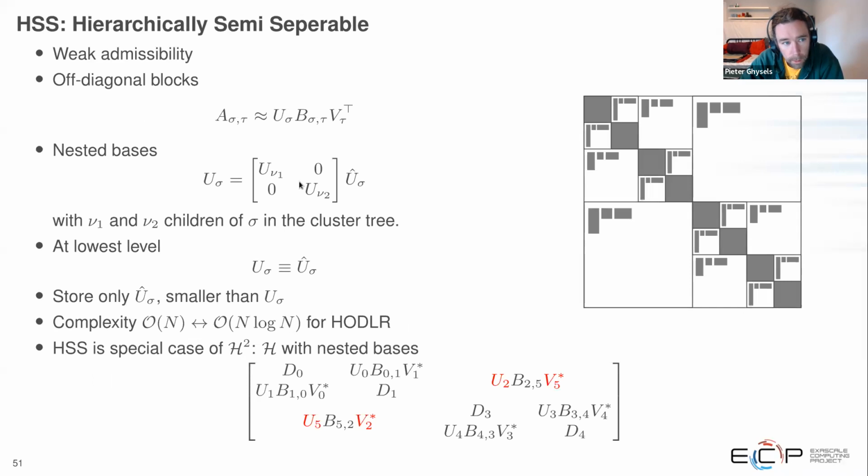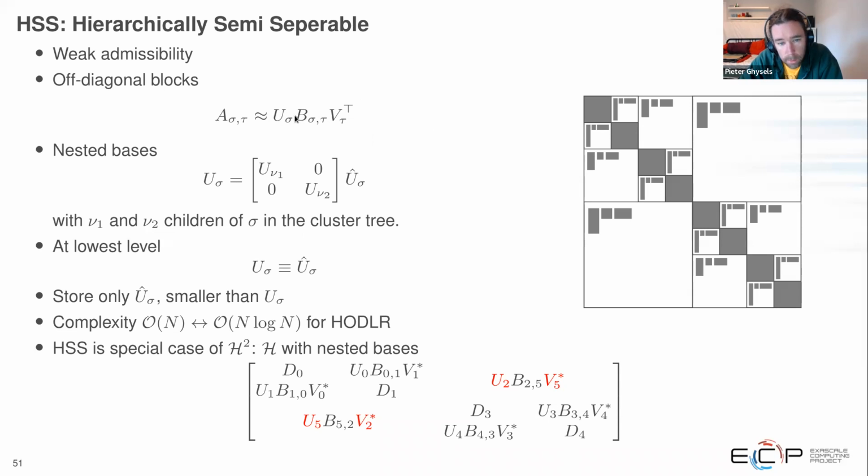And then we have the HSS format, hierarchically semi-separable, which is somewhat similar to HODLR, but it has the additional property that now these low-rank basis matrices are nested. So an off-diagonal block is now approximated using a U times B times V product. So this U is a tall skinny matrix, B is a small, more or less square matrix, and V is also tall skinny, but then transposed.